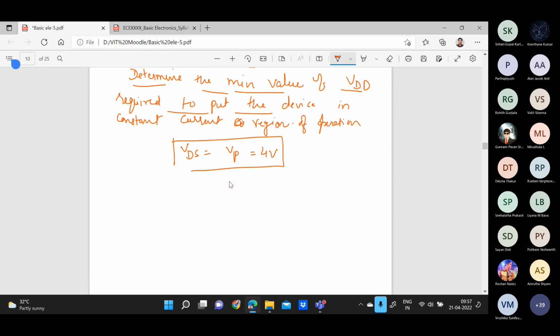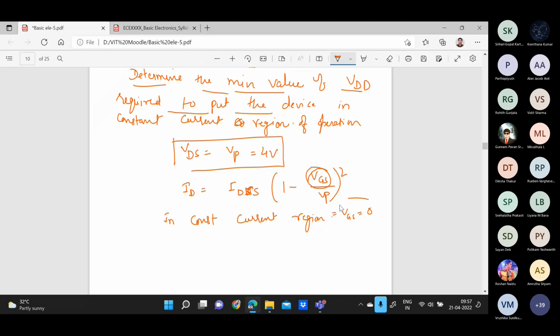Now, the value of ID will be equal to IDSS. Why? Because the formula, as you know, is ID = IDSS(1 - VGS/VP)^2. In the constant current region, VGS is equal to 0.